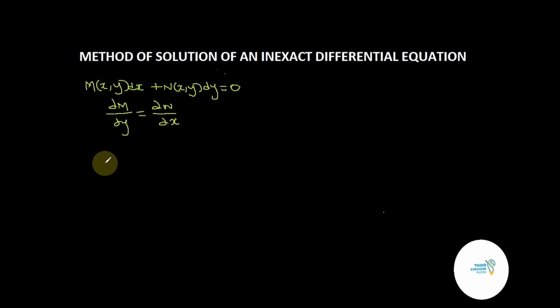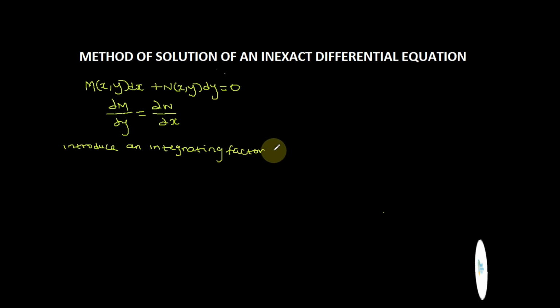But in a case when it is not exact, that means the answers are not the same, is where we now bring in the inexact differential equation. And how do we solve that? We introduce an integrating factor. So we introduce, and let's call it u(x, y).